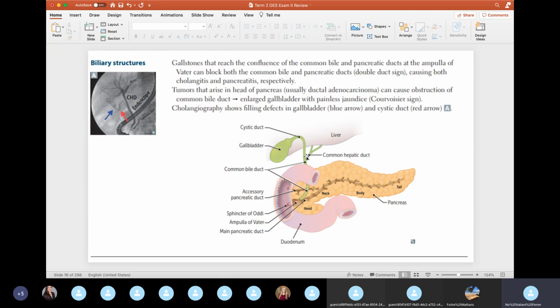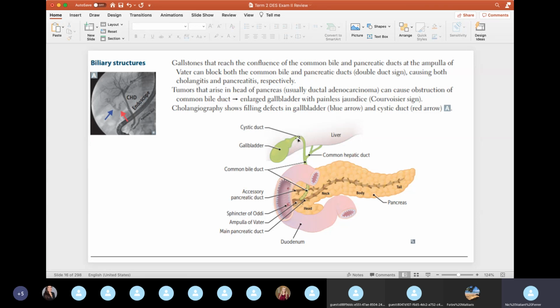The common hepatic duct joins the cystic duct, which is connected to your gallbladder. Together they become the common bile duct. The common bile duct goes through your ampulla of Vater, and the bile is secreted. It is controlled by a sphincter called the sphincter of Oddi.